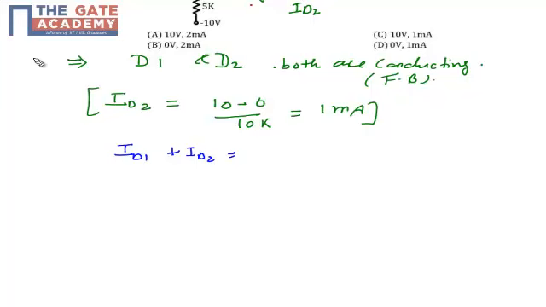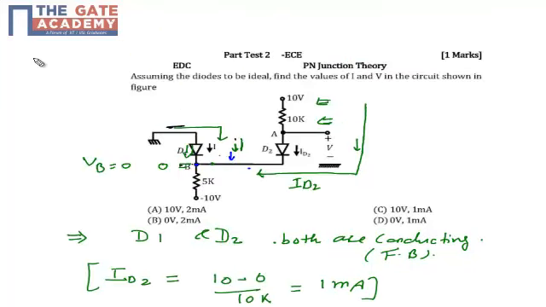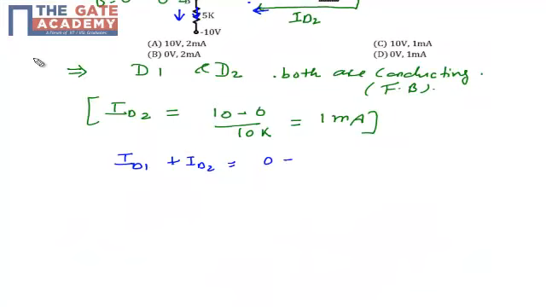So incoming currents are ID1 and ID2, and the outgoing current is the current leaving node B, which will be 0 minus 10 upon 5K, because the only current leaving the node is the current flowing across the 5K resistor.